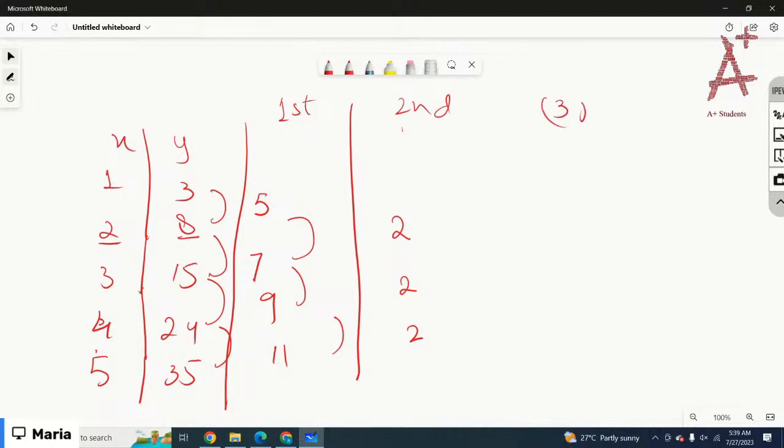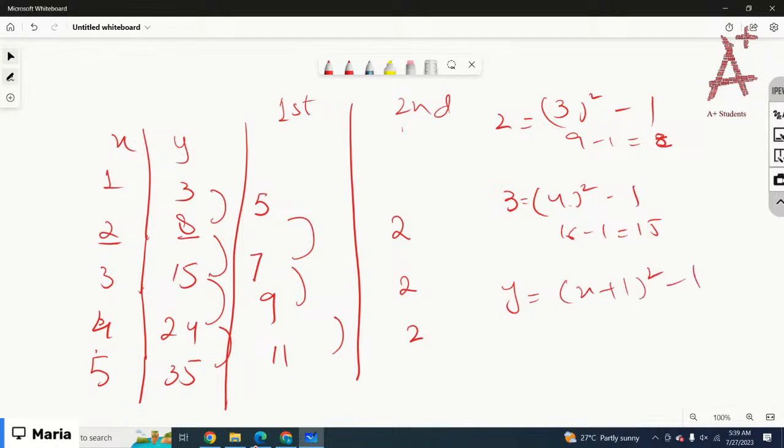This is 3 square minus 1 for 2. For 3 it is 4 square minus 1. You can calculate 16 minus 1, it is 15, isn't it? 9 minus 1 is 8. Got it? That means then the equation is y equals, here you have 3, here you have 4, x plus 1 whole square and minus 1. Got it?